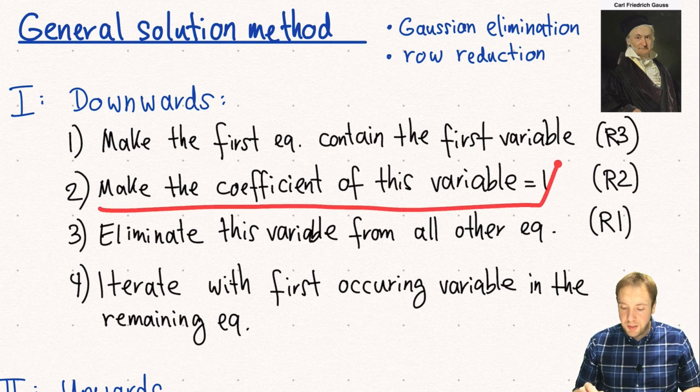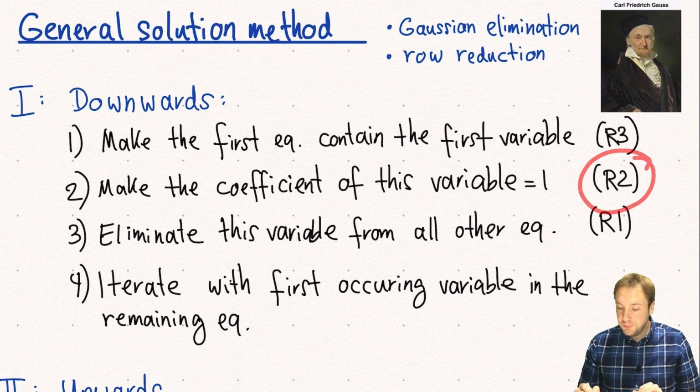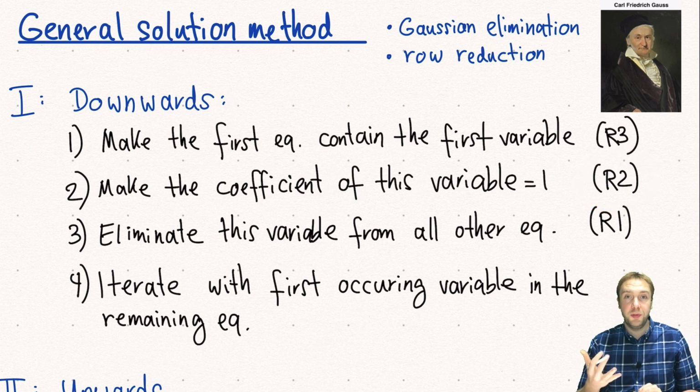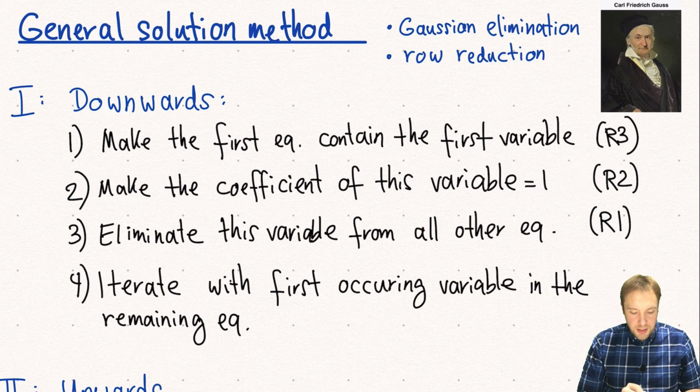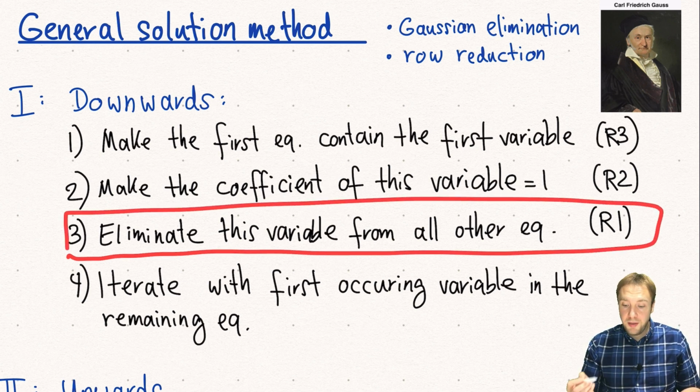And then we make the coefficient of this variable equal to 1, which we can do by R2, because R2 is just multiplying with a number. So if there is 2 times x2, then we multiply by 1/2. And then we can eliminate this variable from the other equations.